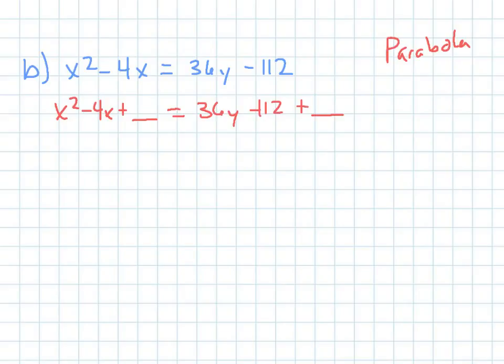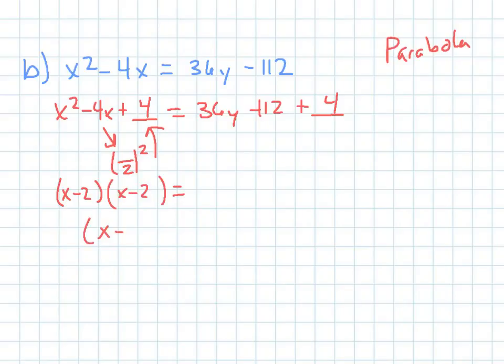So to complete this value, remember half of the middle squared gets me that value, so negative 4 divided by 2 is negative 2, squared is 4. Okay, so then I got to add 4 to the other side. Then I got to factor here. So x minus 2 and x minus 2, so that'll give me x minus 2 squared. Over here I'm going to add like terms, so negative 112 plus 4 gives me negative 108.